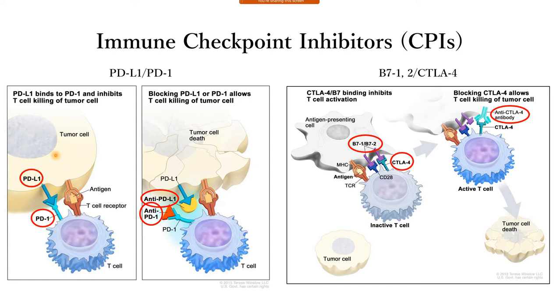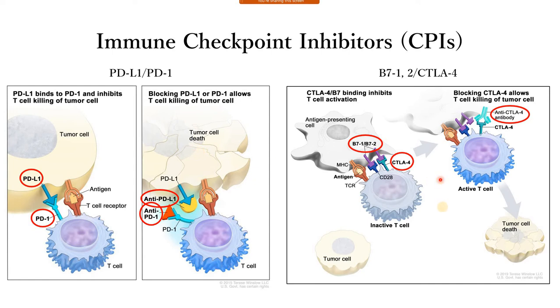The tumor cell has a strategy to express PD-L1 to bind PD-1 to block this antigen presentation. However, the checkpoint inhibitor blocks this inhibitory pathway. That's why T cells efficiently kill the tumor cell, causing tumor cell death.